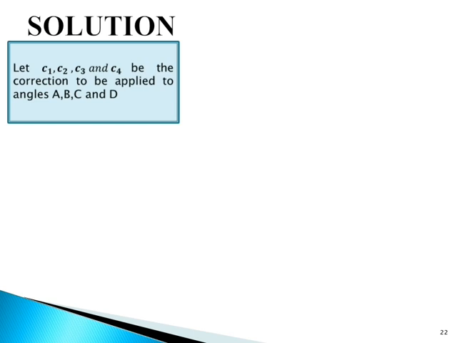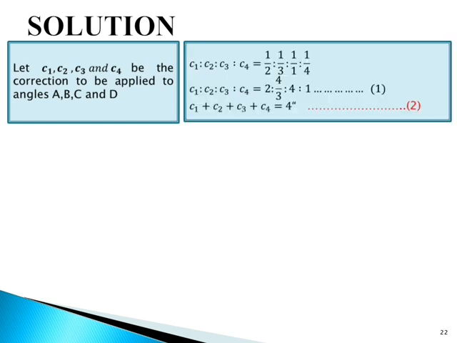So let C1, C2, C3 and C4 be the corrections to be applied to angles A, B, C and D. So C1 : C2 : C3 : C4 is equal to 1 by 2 : 1 by 3 : 1 by 1 : 1 by 4.